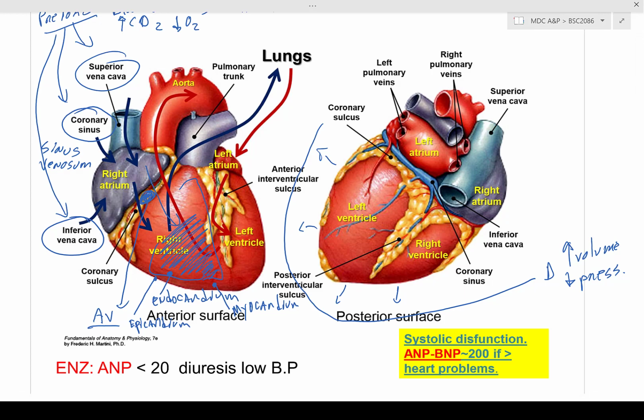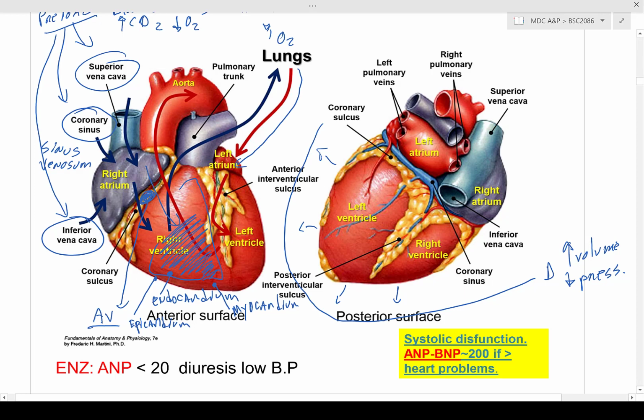Now that's of course during what? Diastole, right? Now, at the same time that this is happening on the right side, what is happening on the left side? Well, the blood that was oxygenated in the lungs is returning from the lungs all the way here, correct?